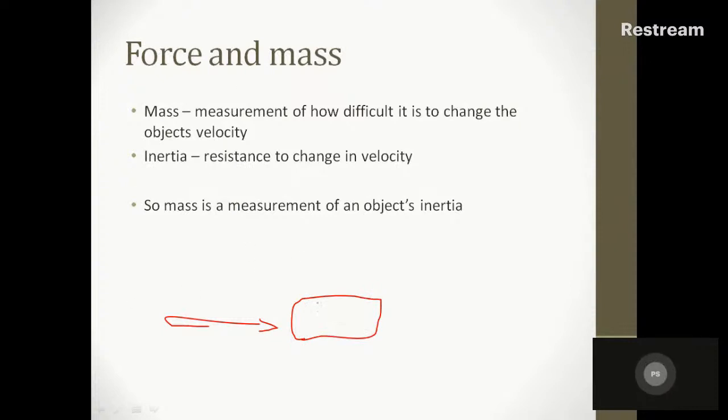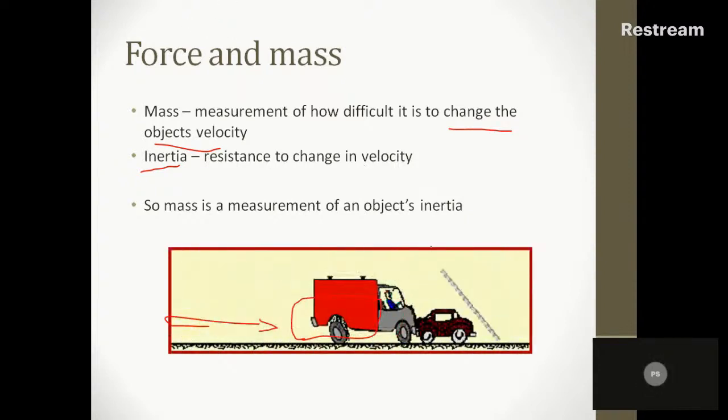Here we have inertia, resistance to change in velocity. Laziness. So mass is a measurement of an object's inertia. So the measurement of an object's inertia is mass.